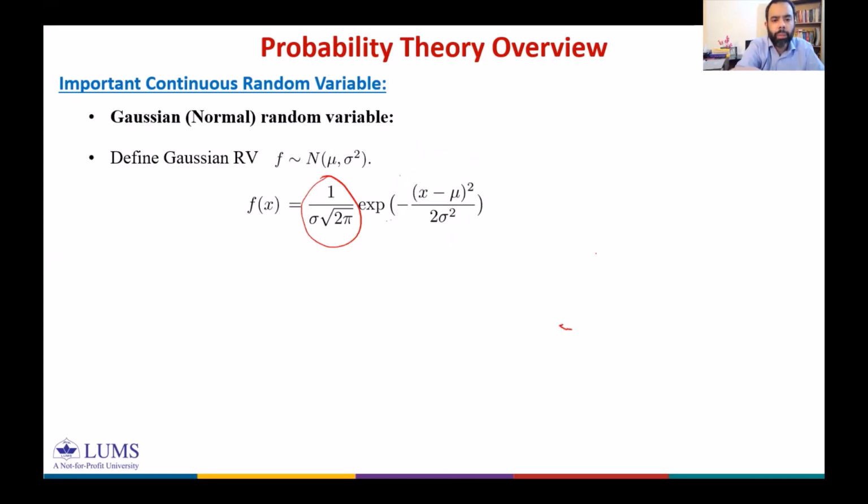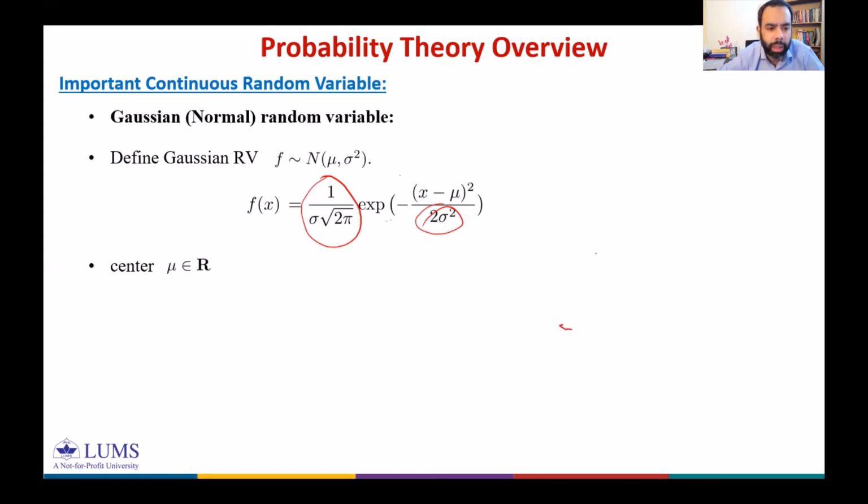If you try to interpret this mathematical definition, we have (x minus mu) square. It indicates that the distribution is symmetric around mu. And this sigma square is characterizing the spread of your curve.